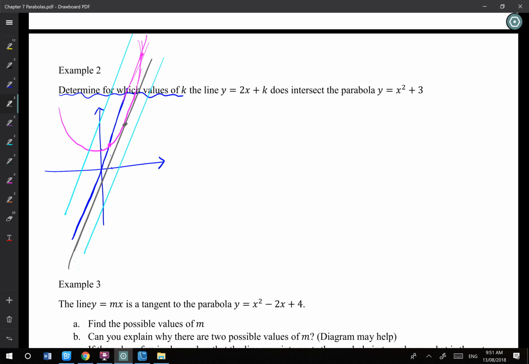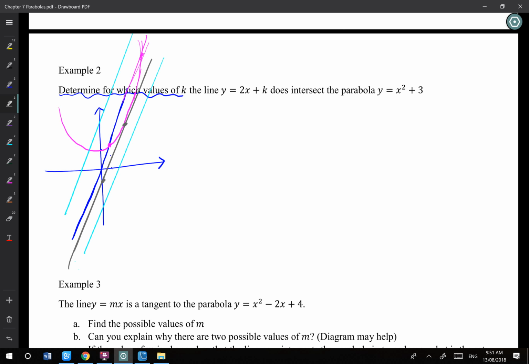But the first place they intersect is this green one here. That's when they first intersect. So any k value above this particular k will work.